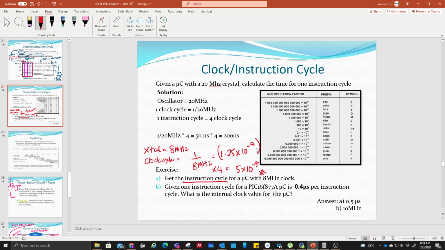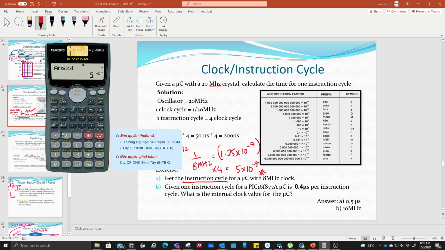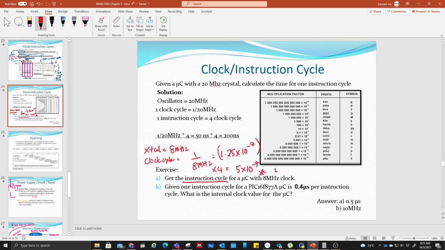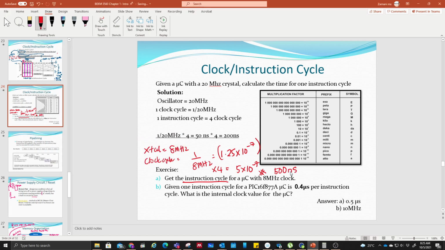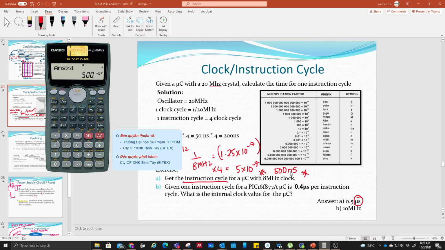You can just simply put this answer, it doesn't matter because this is a standard one. But if you want to use the prefix matrix, then you can find that negative 7 is not here, so you can just use the engineering button. 500 times 10 to the negative 9 is nano, so this is going to be 500 nanoseconds. This is the answer, but if my answer now is in micro, micro means you can shift engineering.